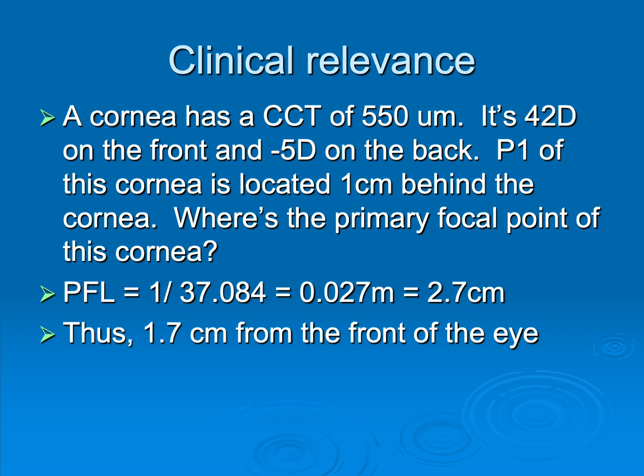So in this example, the primary focal length, which once again is the distance from the primary focal point to the front principal plane, is 1 divided by the 37.084 that we found by calculating D. And that tells us that it's 2.7 centimeters away, but if we're measuring it from the front of the eye, it's 1.7 centimeters because we said that that front principal plane is 1 millimeter inside of the eye. Now, remember that number 1.7 centimeters, because here's where this becomes important.